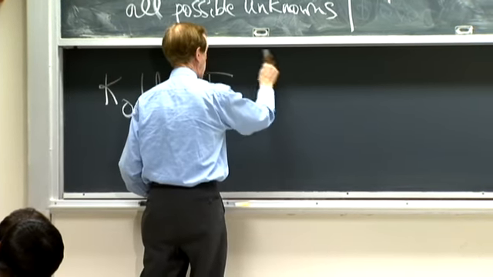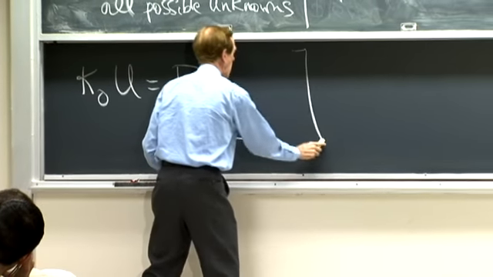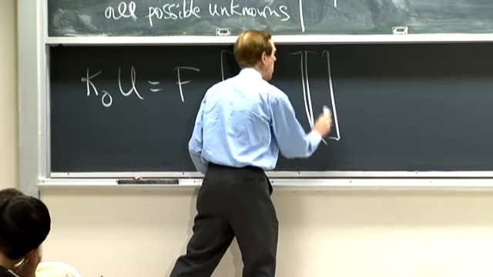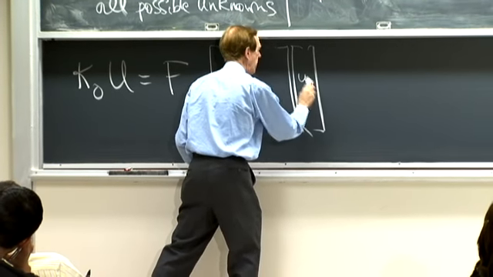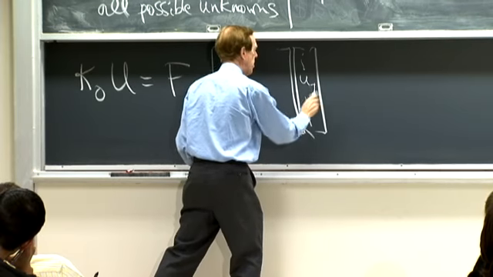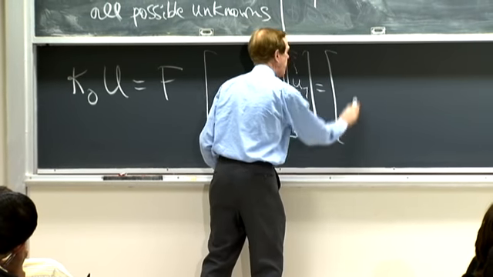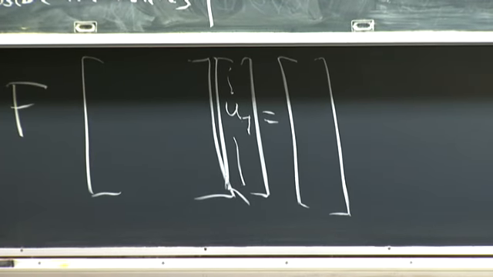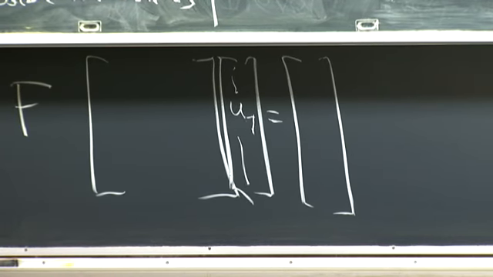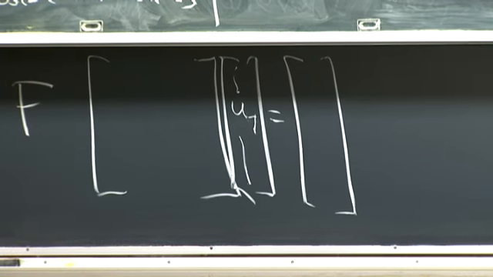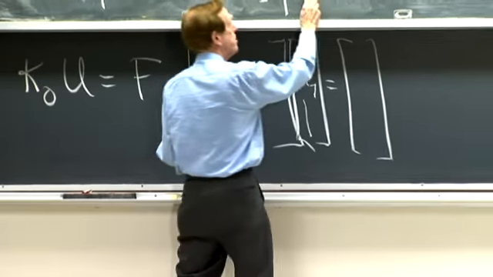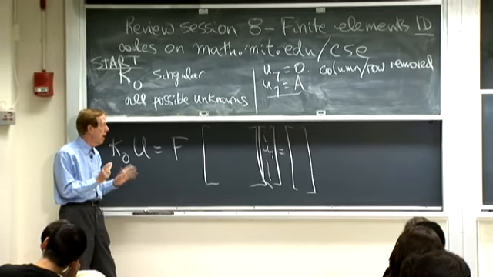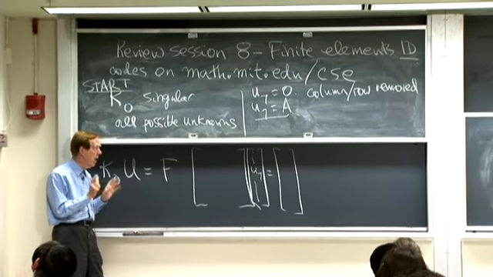So this had a column for everybody, including U7. And these F's maybe came from body forces, stuff inside the interval. Now here comes perhaps a boundary condition. But what happens when I set U7 to A?